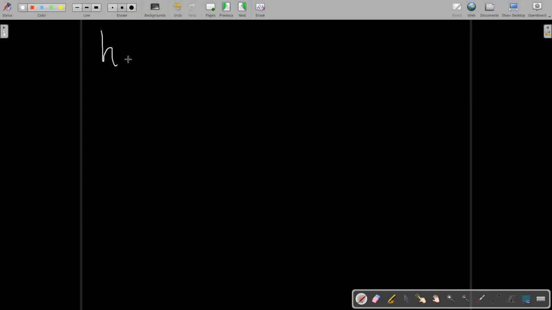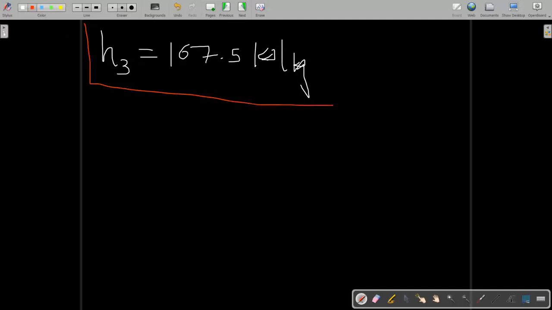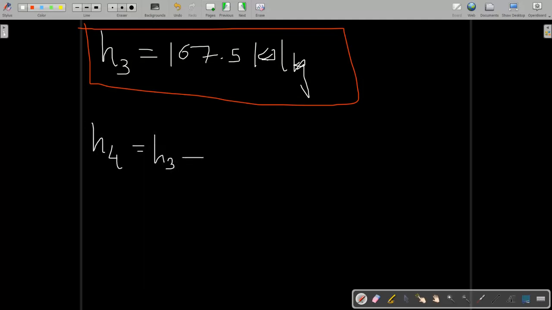Next is the enthalpy of the fluid at condenser pressure. H3 is given to us, and it is 167.5 kilojoule per kg. Now find the enthalpy of point 4. H4 is given as H3 plus pump work, which is VDP.